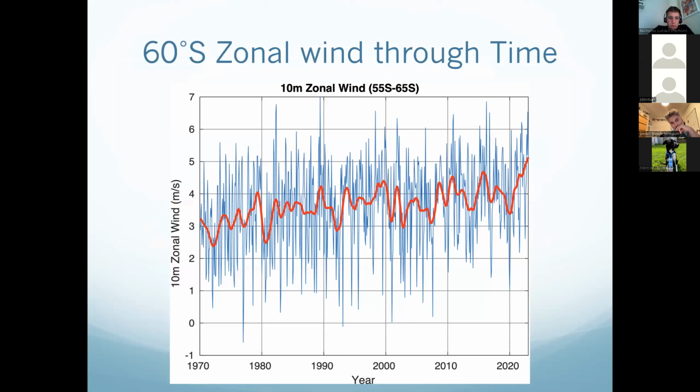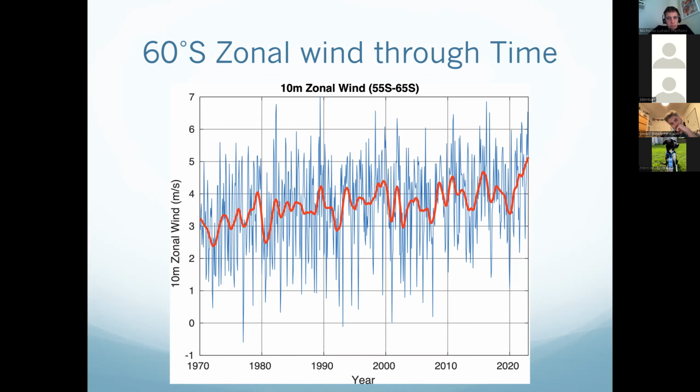And here's a plot of the wind at 60 degrees south between 1970 and 2020. There's no obvious jump associated with the ozone hole, I guess, but although it's a very noisy signal, the blue line is the individual monthly means and the red line is a low pass filter of that, it does seem to be creeping upward slowly with time.